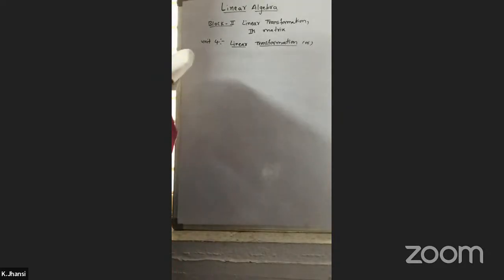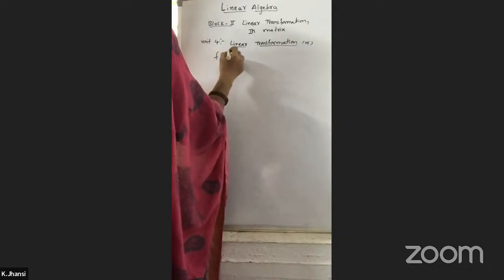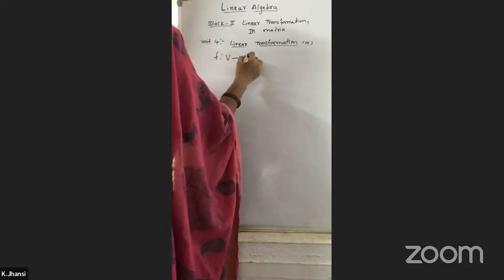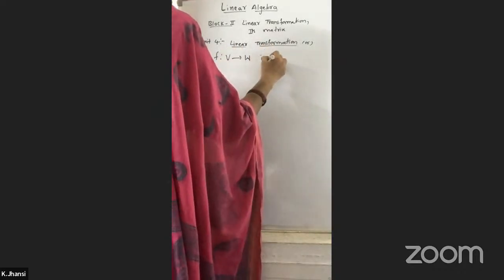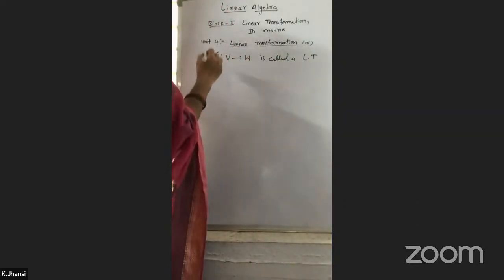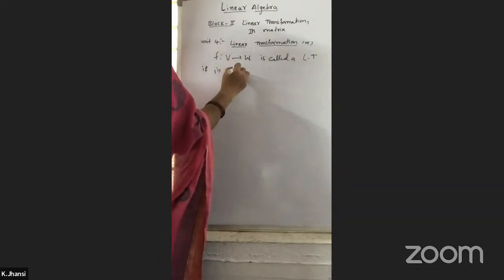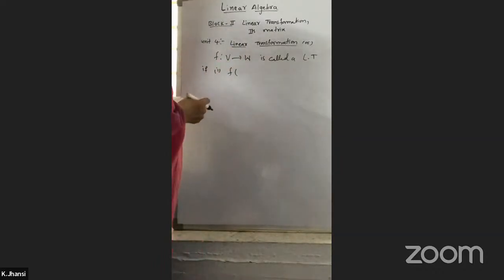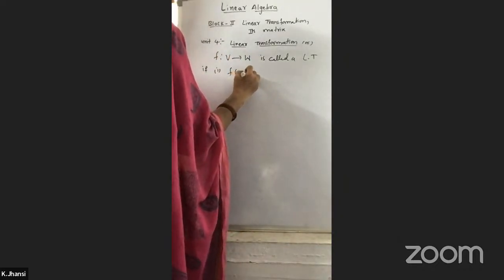So first one is, if F is a mapping from V to W, is called a linear transformation. So in shortcut, we can write LT. Okay. It is a linear transformation if first condition is F of alpha plus beta also you can take, or U plus V, anything.